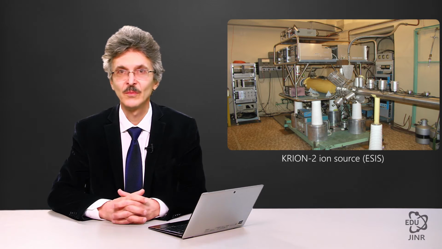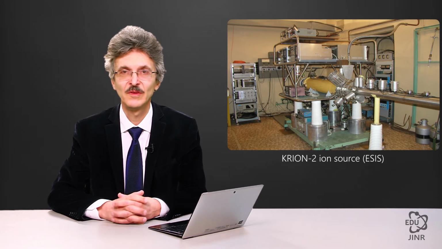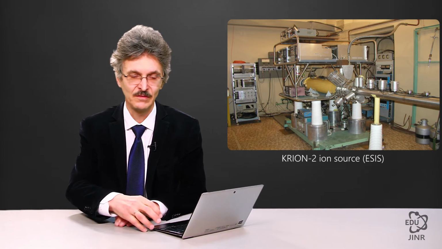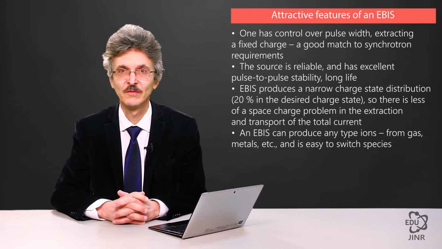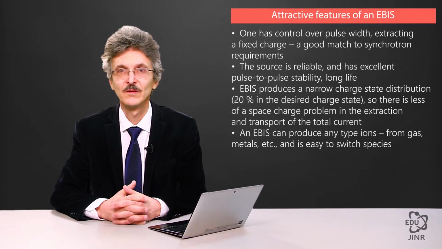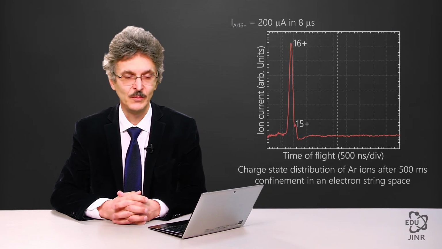In such a source, the accumulated ion current is proportional to the magnetic field value, and a further increase in intensity is attributed to an increase in the magnetic field value. One of the positive distinctions of this type of source, in comparison to other heavy ion sources in a high charge state, is a relatively narrow ion spectrum.